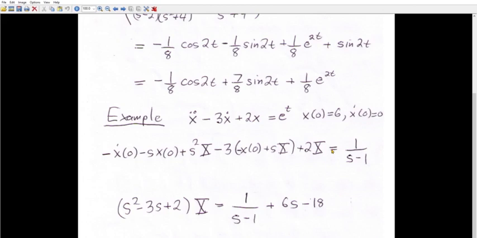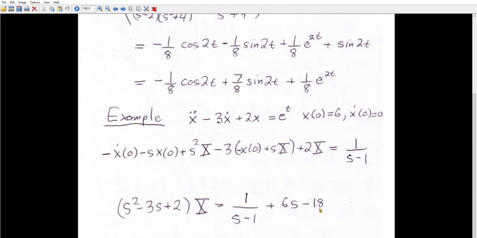And now when we collect all the terms, the cap X stuff, we've got an s squared, we've got a 3s, we've got a 2. We've got this 1 over s minus 1 from the right-hand side, and then the initial conditions go over as s times x naught, which is 6, and then minus 3 times minus x naught pops over here.